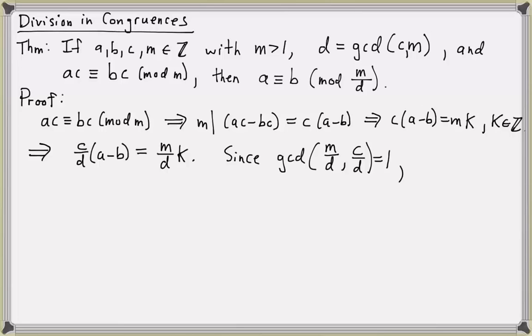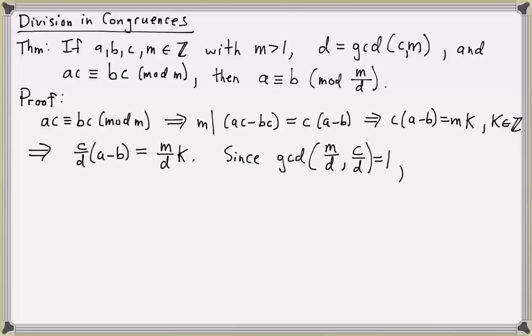This expression shows that m over d divides c over d times a minus b. But m over d is relatively prime to c over d, so by Euclid's lemma, m over d must divide the other factor, a minus b.